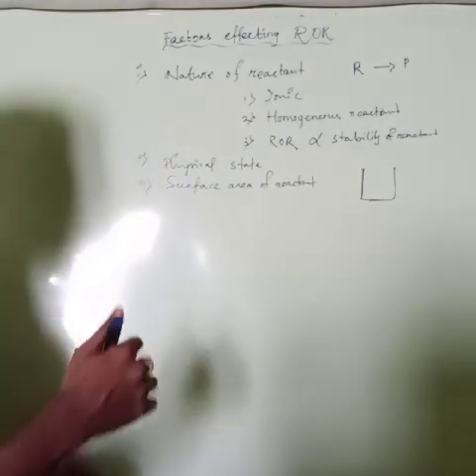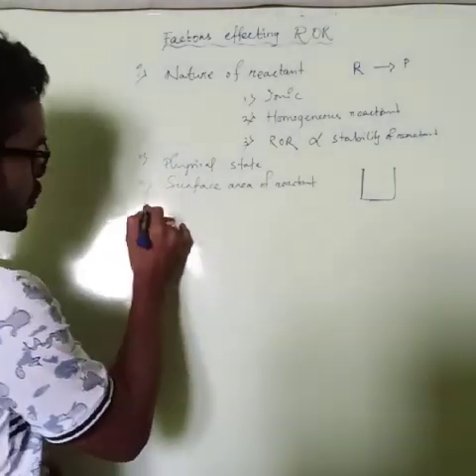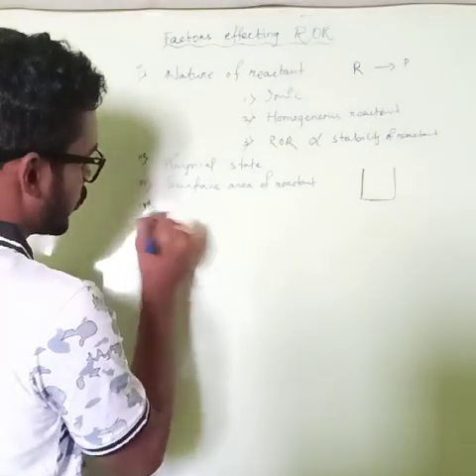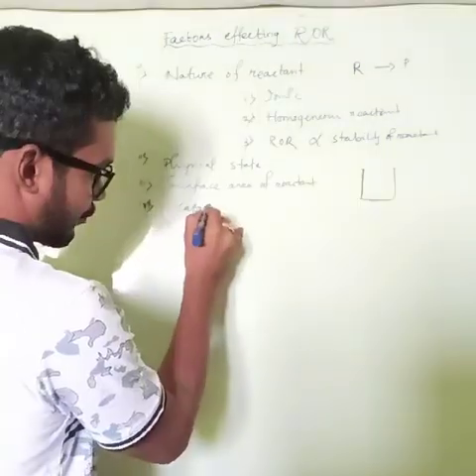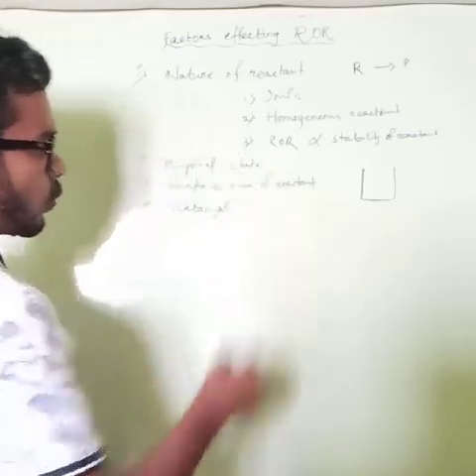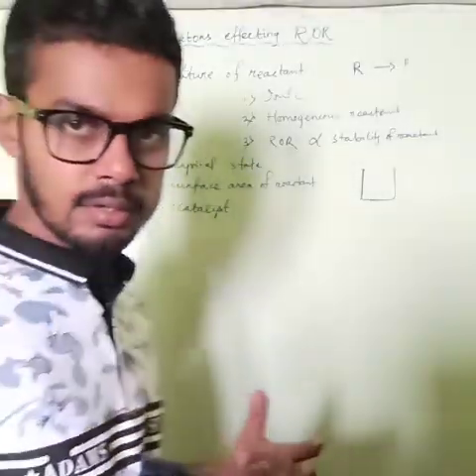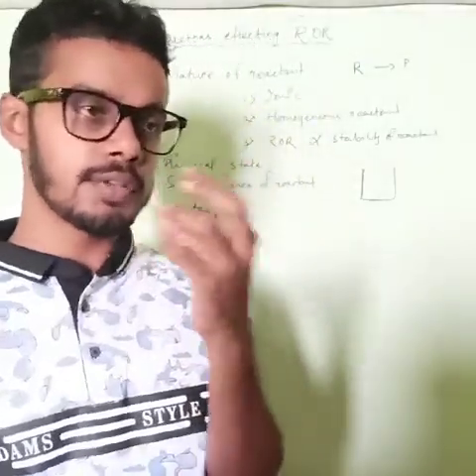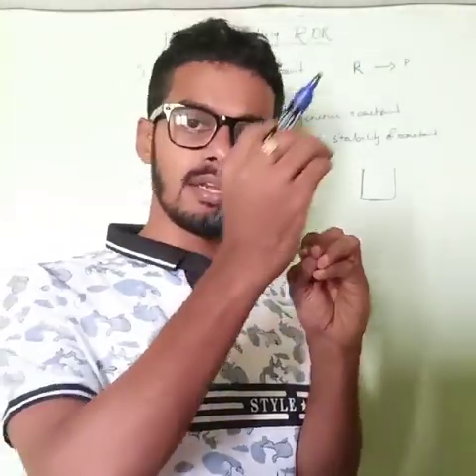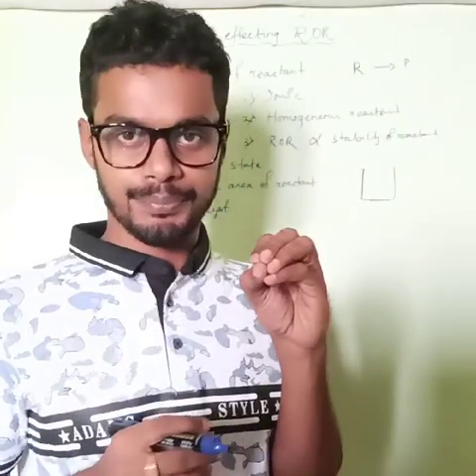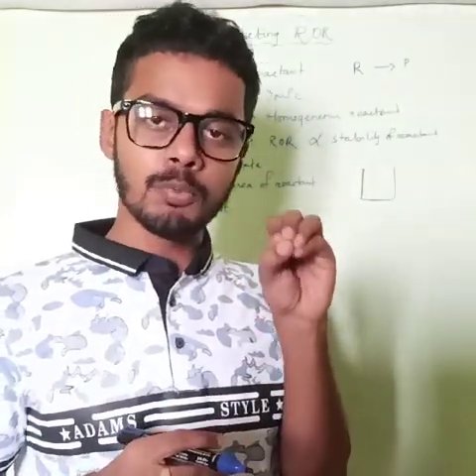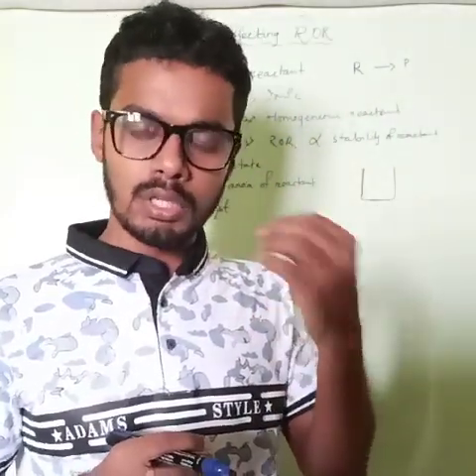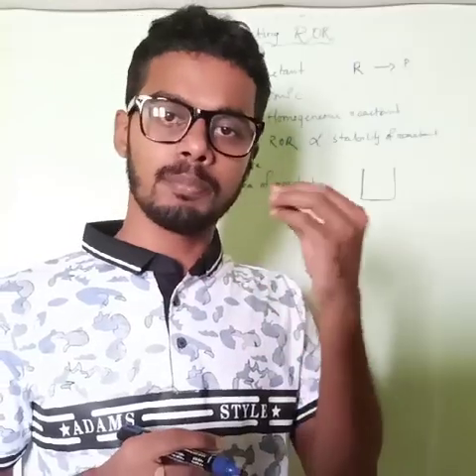Okay, next, the fourth one is your catalyst. It depends on what type of catalyst you have taken. What is catalyst? Catalyst is a substance that enhances the reactant to give the product. Basically it provides the energy to initiate the reactants to give product.